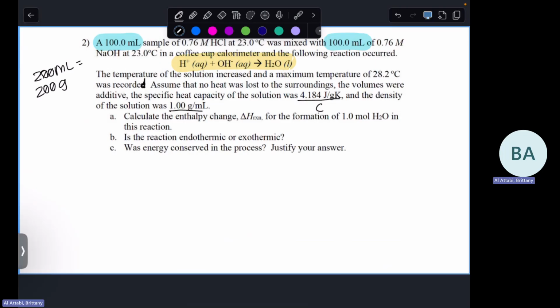All right. So the question is, calculate the enthalpy change. This is the term that we use instead of Q when we're talking about reactions. So it's functionally the same thing.